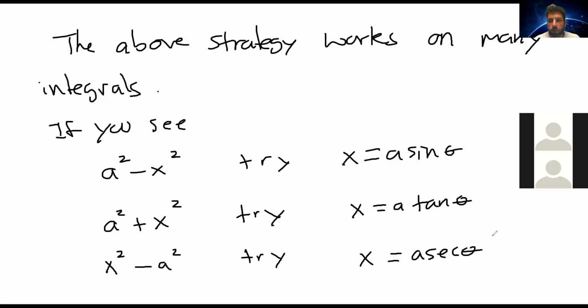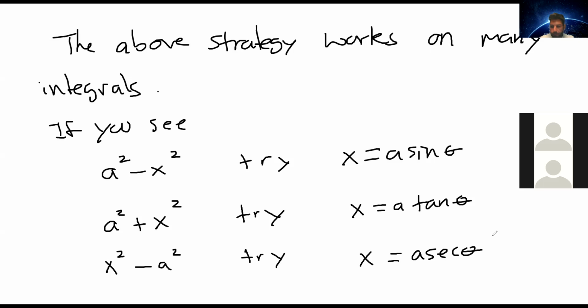I'm not saying that it works all the time. I'm not saying it's always the way to solve. I said, if you see this, you might try this. But there might be an easier way too. And all this comes from basic right angles. Draw a right triangle and think about these relationships.